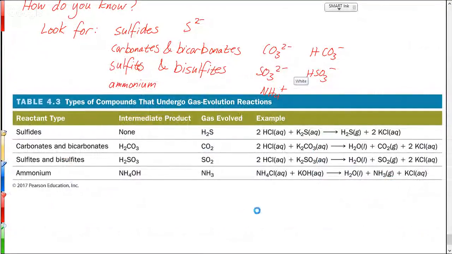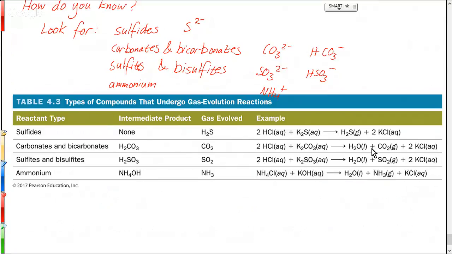So when you see sulfides, for instance, reacting with hydrogen, you form H2S, which is a gas, hydrogen sulfide. So there's your gas evolution. With carbonates and bicarbonates, there's an intermediate product of carbonic acid, but we don't really see that. So anytime you see carbonates or bicarbonates reacting with acid of any kind, you're going to form carbon dioxide. Same thing with sulfites and bisulfites.